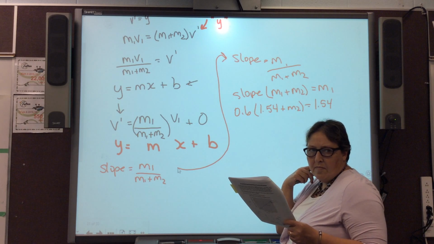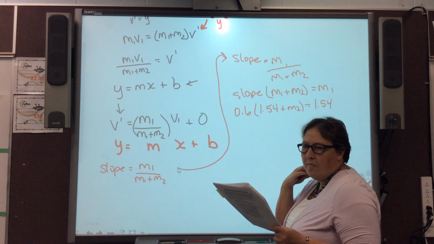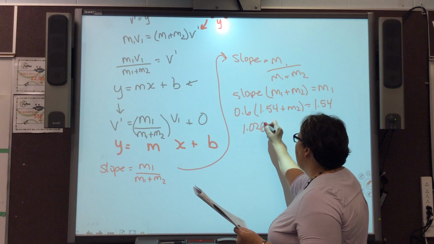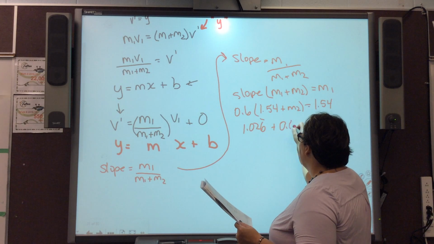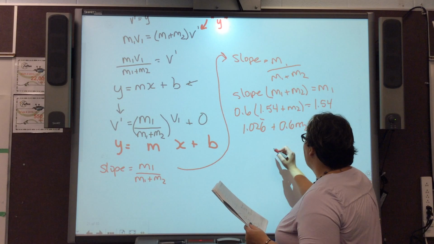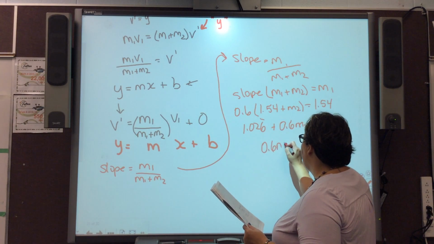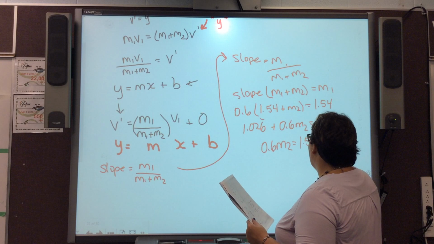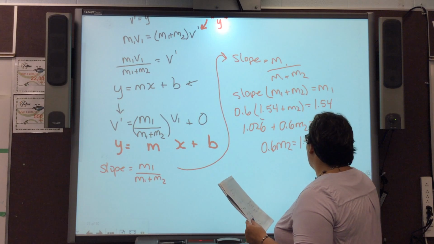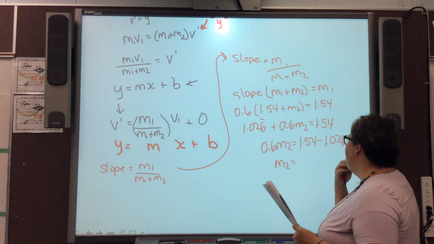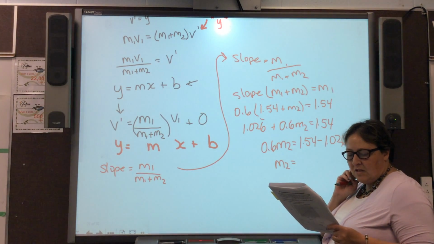Put on the spot. 1.026 repeating. Good job. What's 1.54 minus 1.026 repeating?